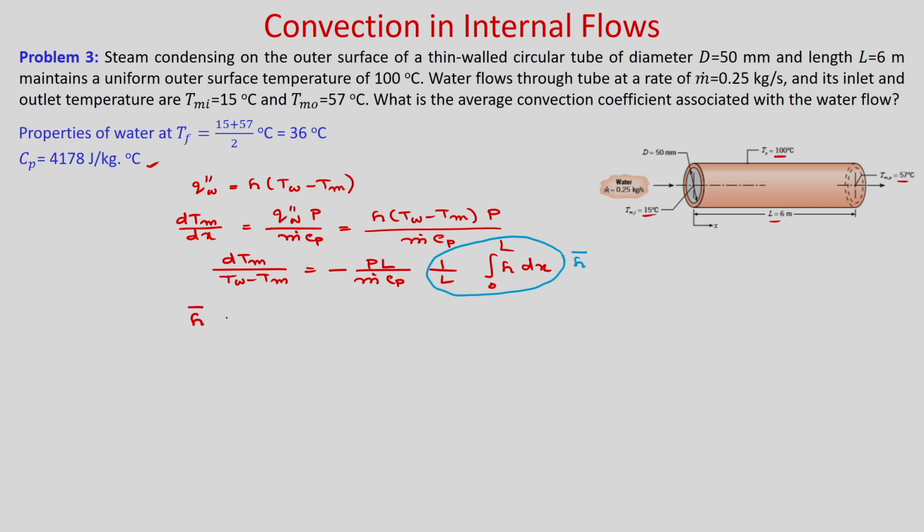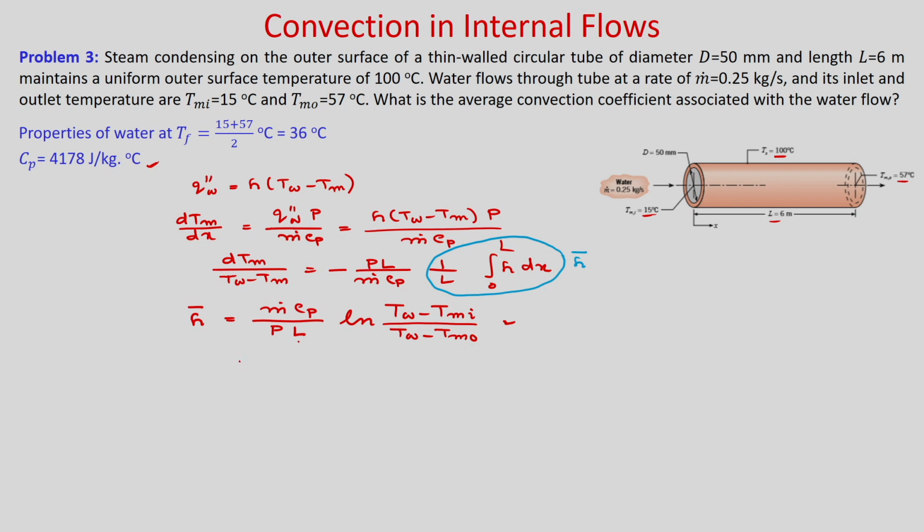After integration you can write h bar as m dot Cp divided by P L into ln of (Tw minus Tmi) divided by (Tw minus Tmo). We have already derived this in the last problem. There we calculated L, in this particular case we are calculating h bar.